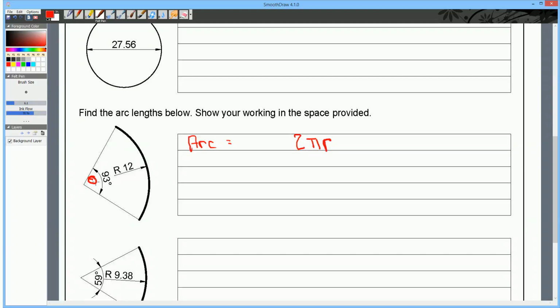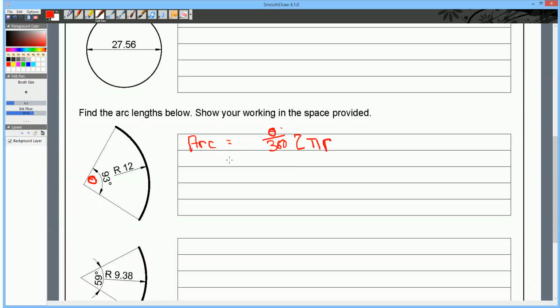That angle theta over 360 gives us the fraction. So theta is the amount of angle. Obviously, if we had 360, it would just be 360 over 360, which is 1, times 2 pi r. Theta is just a Greek letter that we quite often use for angles. So it's theta over 360 times 2 pi r.